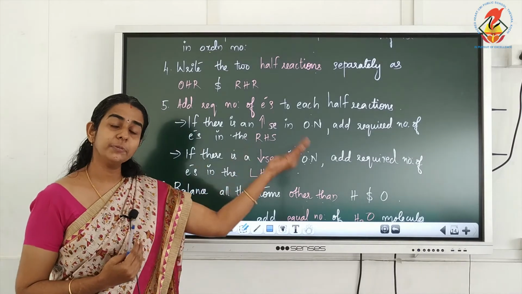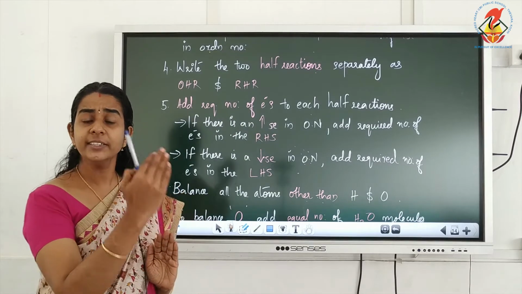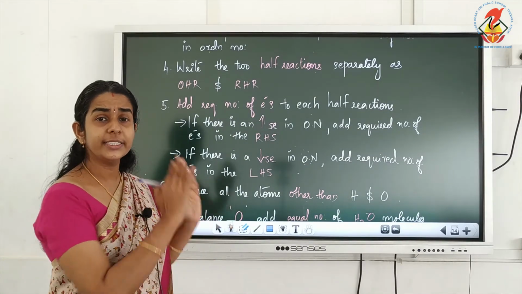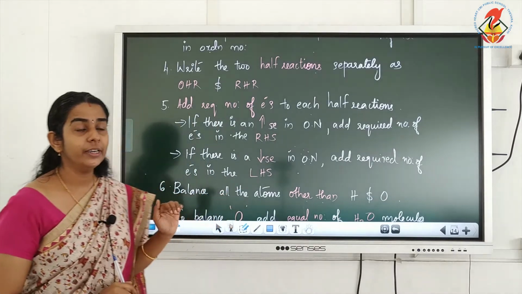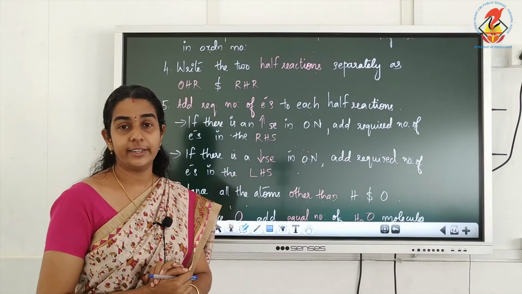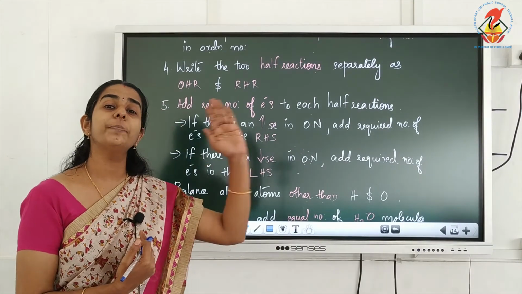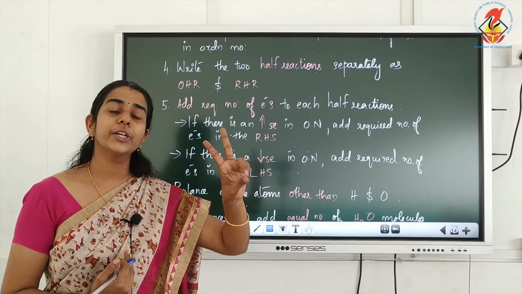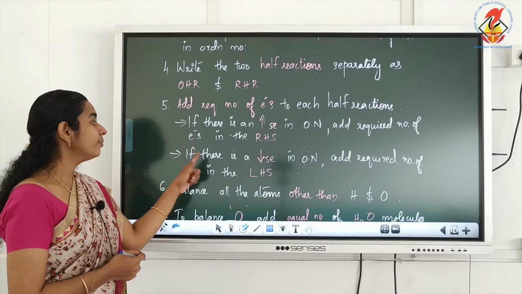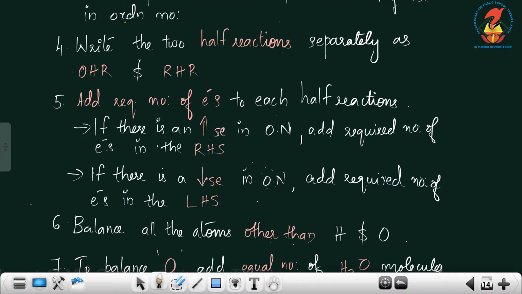So that much of electrons we have to add on the right hand side. If there is a change from plus 2 to plus 4, add 2 electrons on the right hand side. Similarly, if there is a decrease in oxidation number, add the required number of electrons on the left hand side.